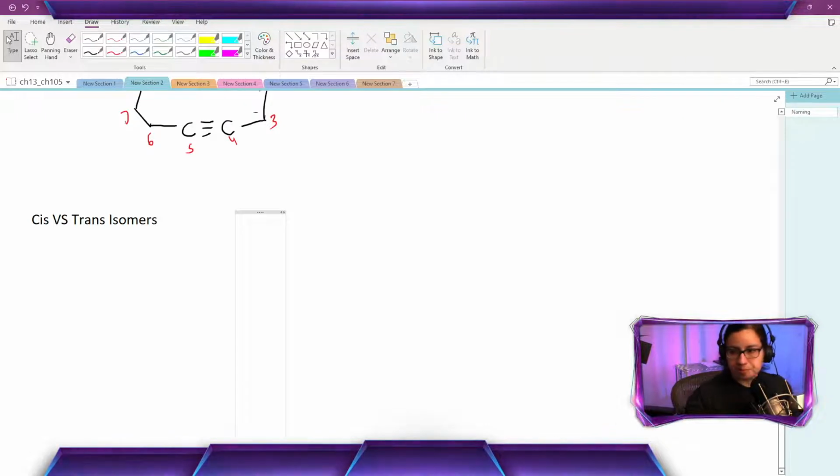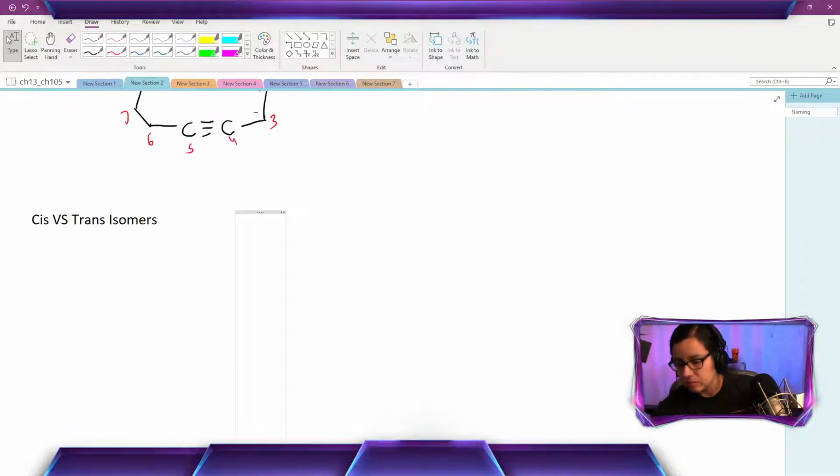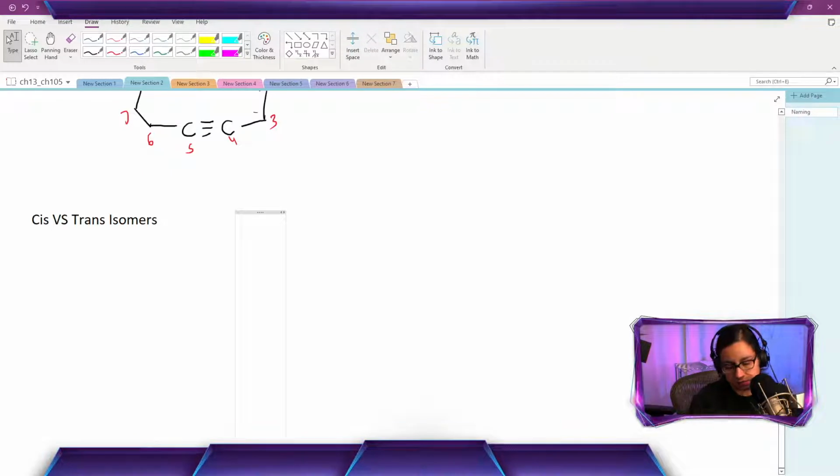And so let's see why this matters. So now I'm going to make 2-butene.